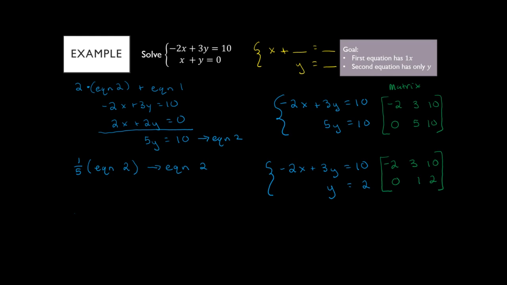So we indicate this by -1/2 times equation 1, and then I'm going to replace equation 1 with that new result. I'm indicating that it is stored as equation 1. That's similar to how you might indicate things in programming. If you're going into computer programming, you're making a new storage, or storing it into the same location.